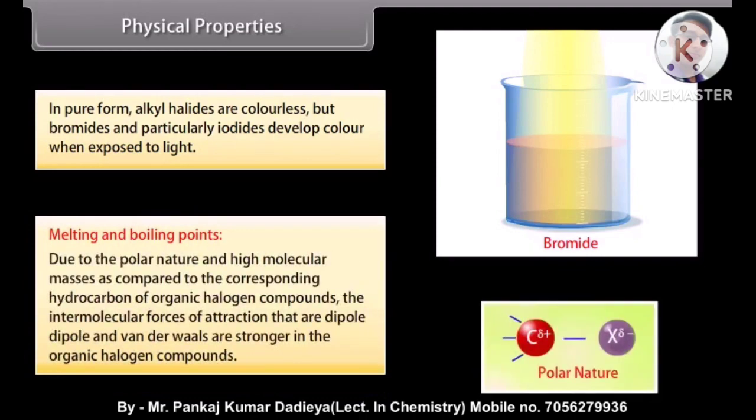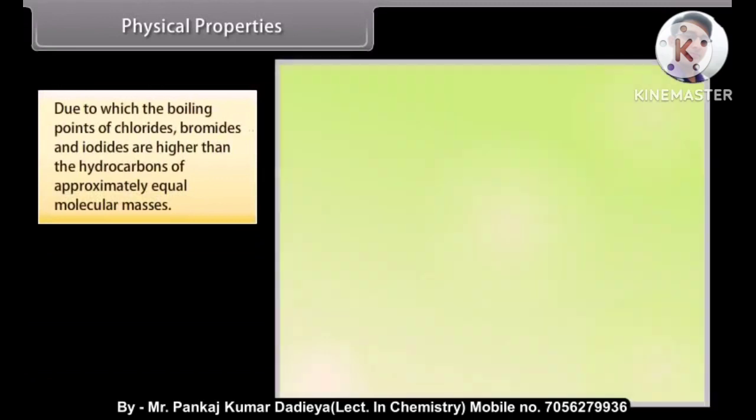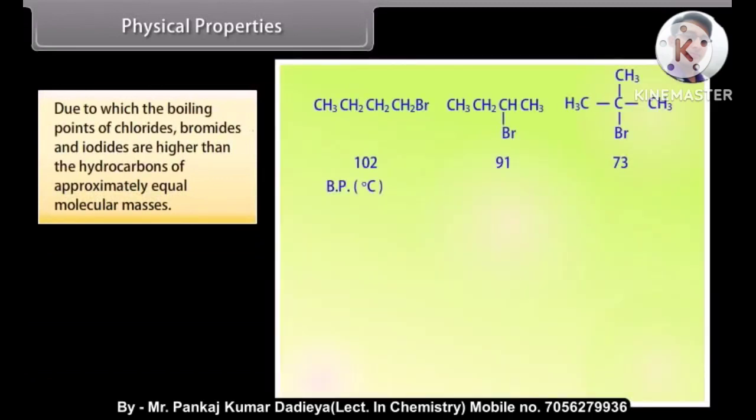Due to the polar nature and high molecular masses as compared to the corresponding hydrocarbons, the intermolecular forces of attraction, that are dipole-dipole and van der Waals, are stronger than in the hydrocarbons, due to which the boiling points of chlorides, bromides and iodides are higher than the hydrocarbons of approximately equal molecular mass.